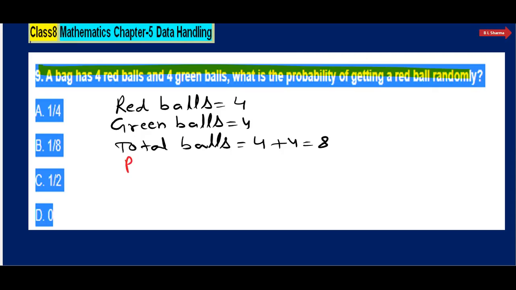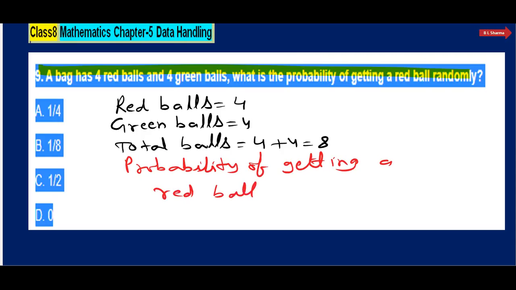So the probability of getting a red ball is 4 out of 8. So 4 upon 8, that is 1 by 2. C is the correct option.